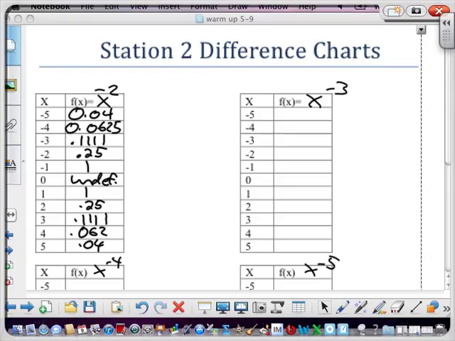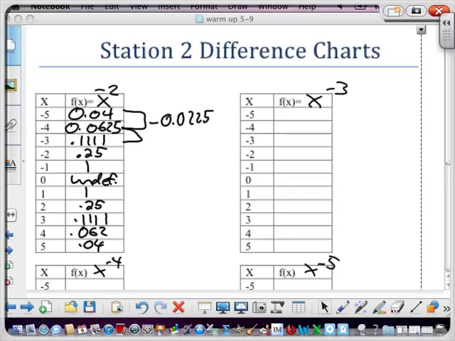Now we've got to find the differences, so let's do this together. We've got 0.04 minus 0.0625, and from here to here is negative 0.0225.